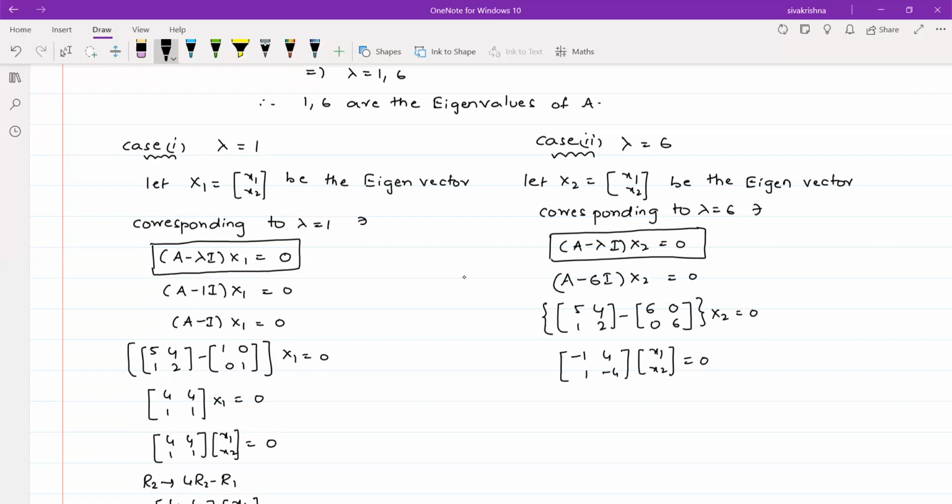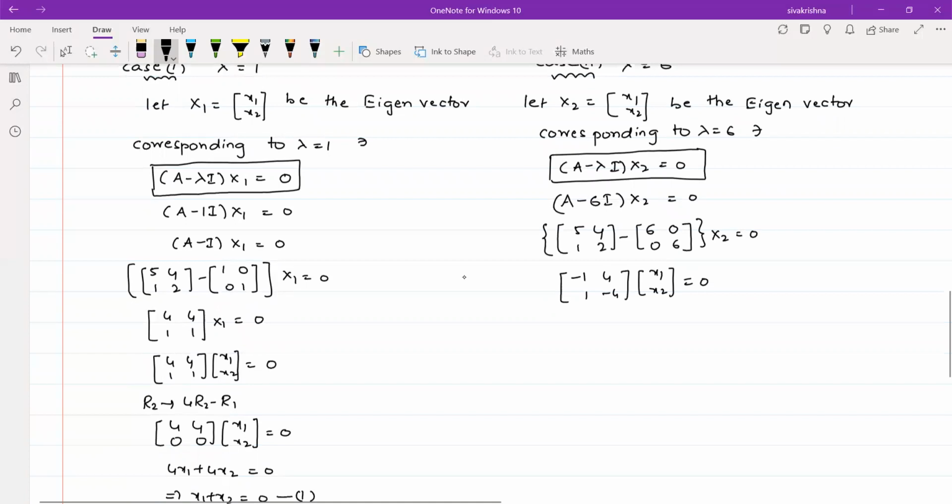After getting this matrix, we have to convert this into echelon form. For that, we write one operation, that is R2 changes to R2 plus R1. We have to make the elements below the diagonal elements 0. By applying this operation, this matrix can be converted into echelon form by a single operation.